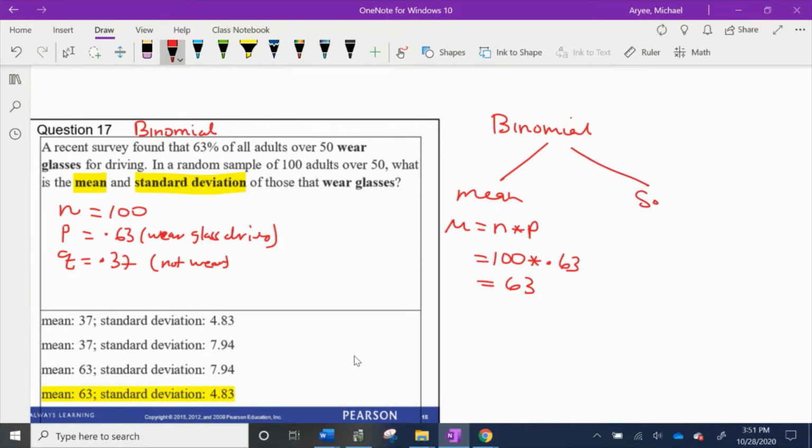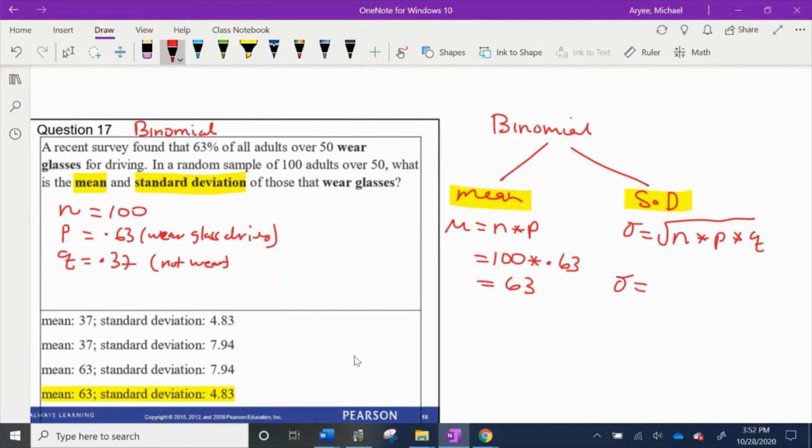Now they want the standard deviation. The standard deviation, sigma, is the square root of the variance, which is n times p times q. So this is one of the formulas you should create and keep by your side, so you don't waste time trying to find where it's hiding in your notebooks.